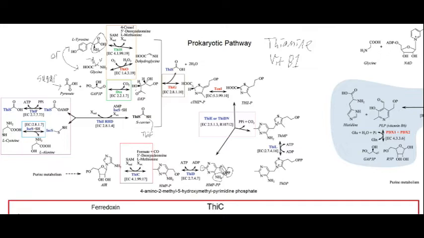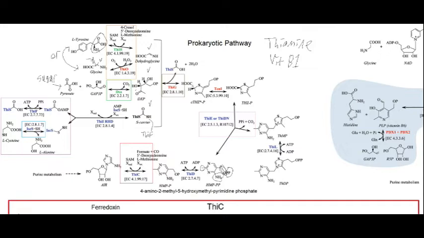But then this THIG sort of brings all three of these things together, this one, and this one, and generates this thiazole ring. And then there's an extraction of this hydrogen and sort of moving these double bonds around with this TENI, to generate our thiazole phosphate.